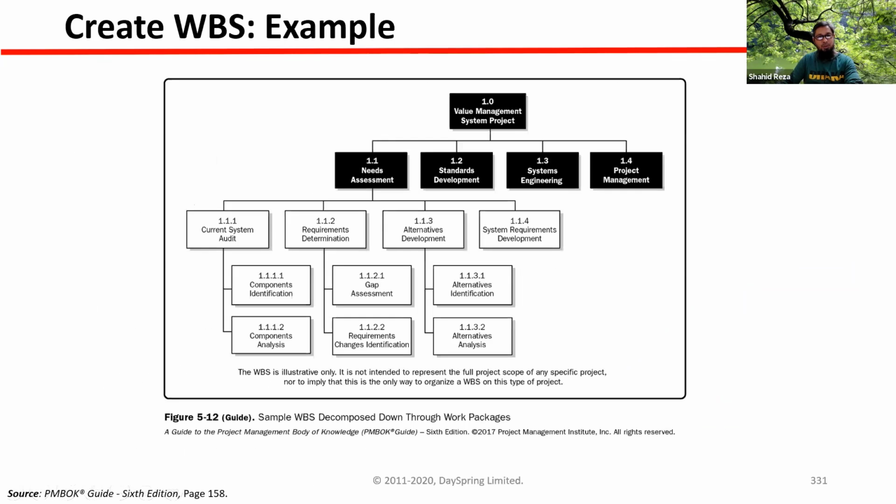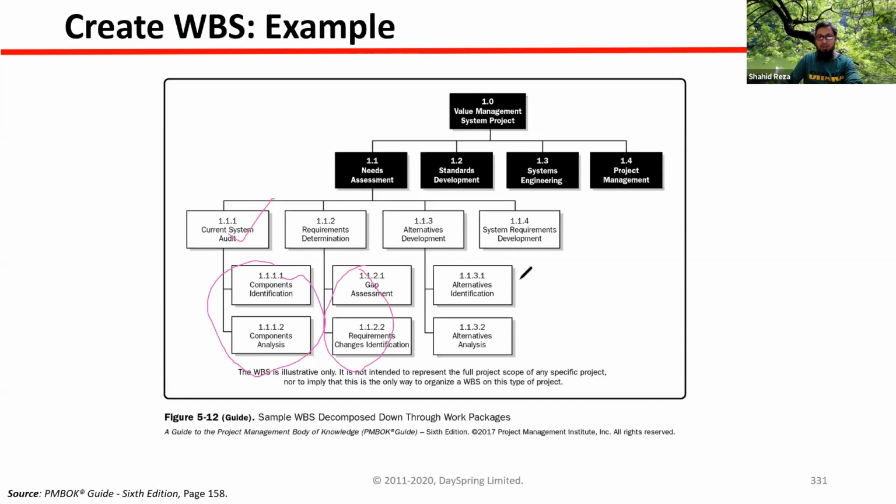All right, so there are some examples in PMBOK. See, value management system, and one component is divided into child, parent, child. So these are the WBS codes. This is the main project. These are the major components. These are the subcomponents, and these are the work packages. See, these two are work packages of this.